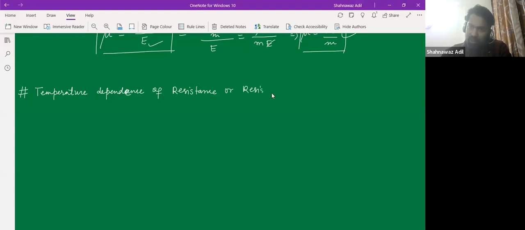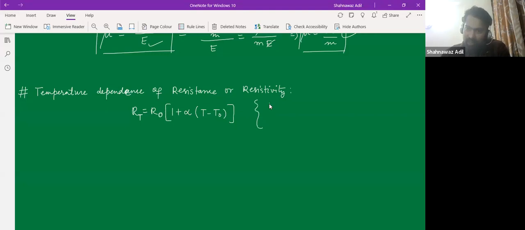Both behave in the same manner, right? So R, the resistance at some temperature T, is written as R_T, that is R naught, the initial resistance, times 1 plus alpha (T minus T naught).